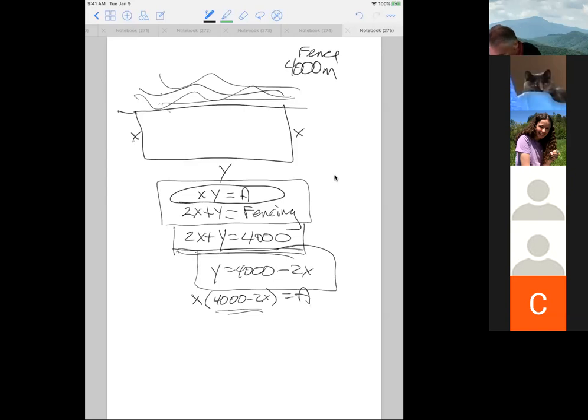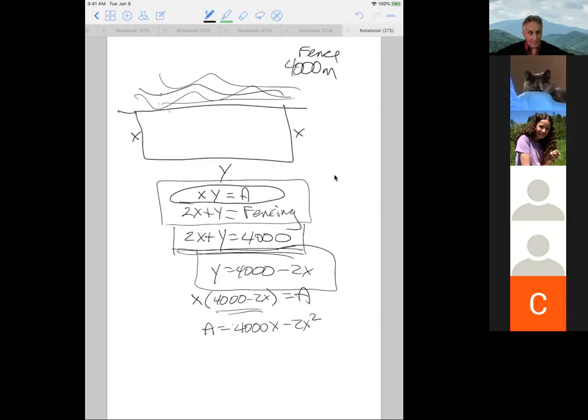So what we end up with is area equals... let's multiply it out just like I've got it written. So I get 4,000x minus 2x squared, right? So that's our function in terms of x. Now I can take the derivative of it.